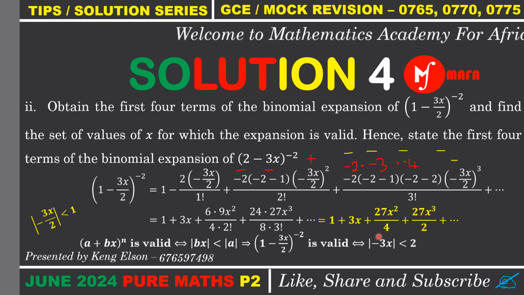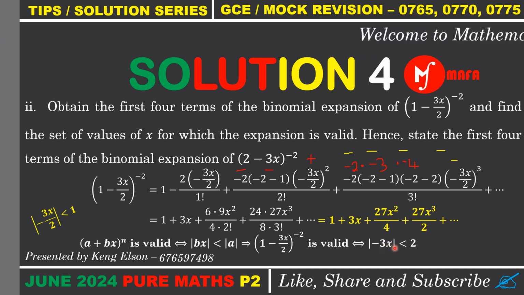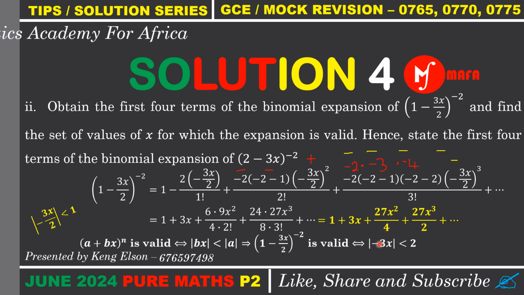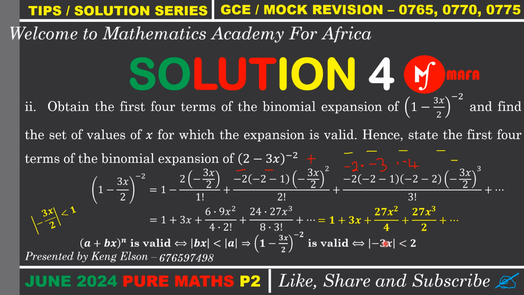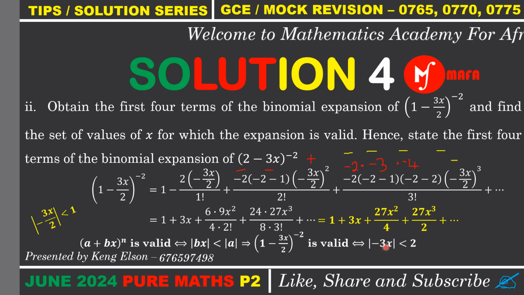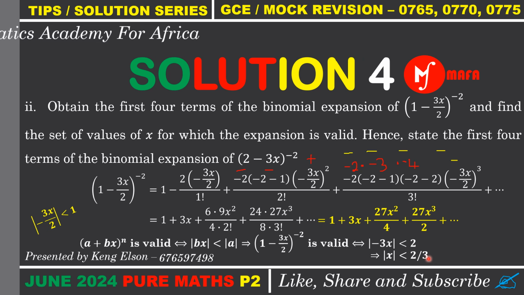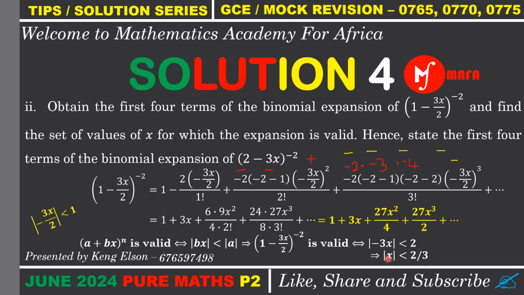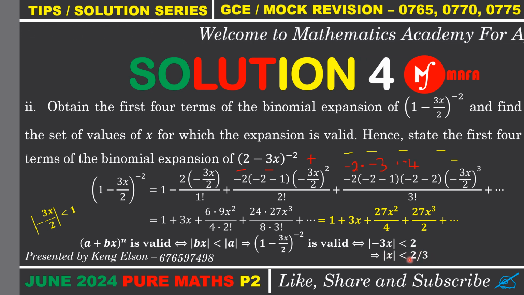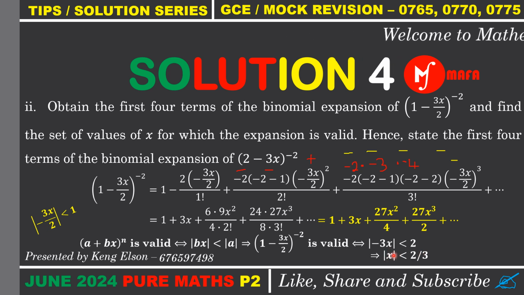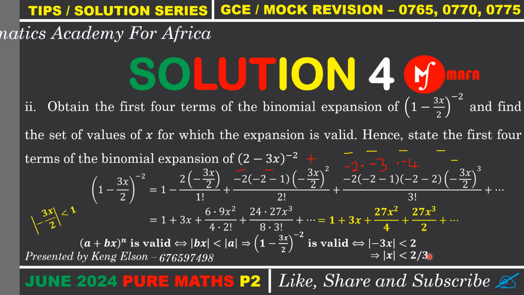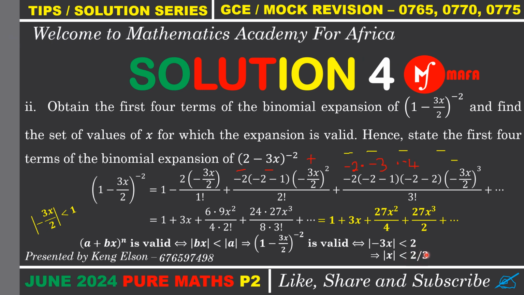From here, the absolute value of negative 3x is the same as the absolute value of negative 3 times the absolute value of x. But the absolute value of negative 3 is 3, so we just divide both sides by the 3. We are going to have the absolute value of x less than 2/3. And by definition, if the absolute value of a function is less than another function, it means this function that is inside the absolute value is between the negative and the positive of the function on the right hand side.